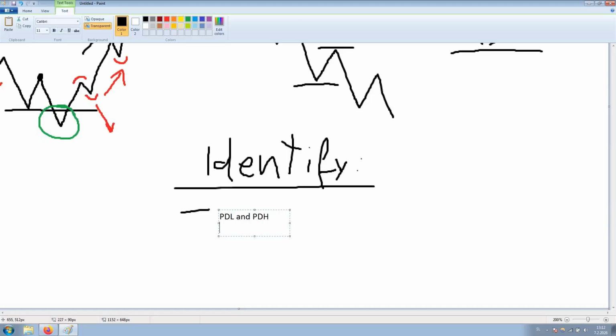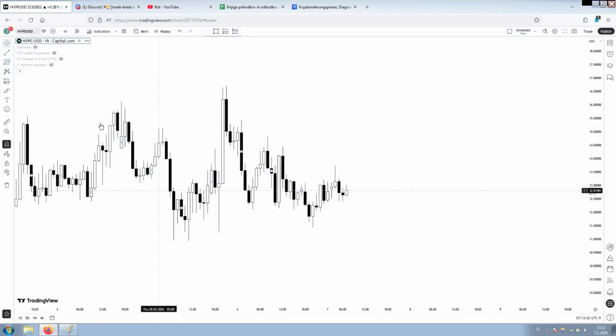We have to take a look at 4 hour highs and lows, 1 hour highs and lows, and session highs and lows. Okay, so this is our liquidity, as well as 4 hour fair value gaps and 1 hour fair value gaps. Okay, so let's go now to the chart.